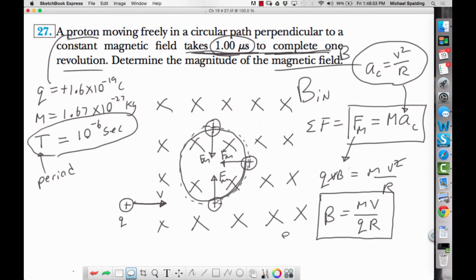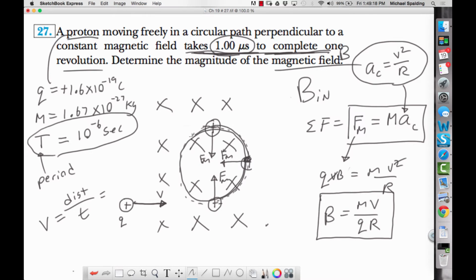Look, any time an object is in a circular path, let me make some room, what's the basic definition for velocity? It is basically distance over time. I know I'm cheating here, it's technically displacement. What is the distance around one circle? 2 pi r.